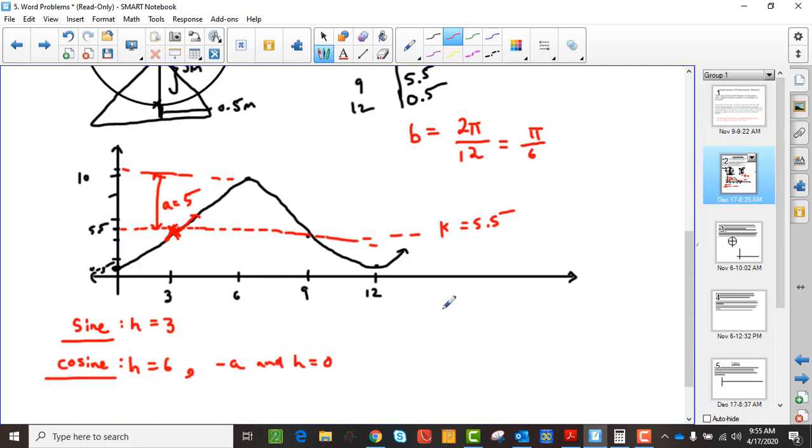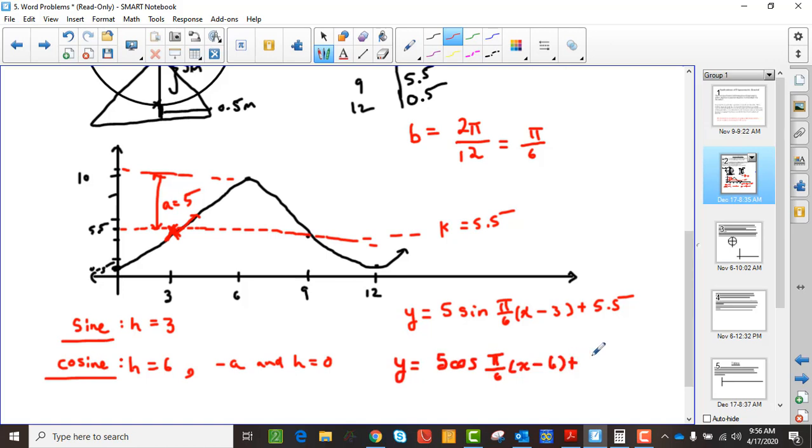All right, so your options for an equation are this: y is equal to a, which we said was 5, and then if we use sine, it's going to be sine of pi over 6 times x minus 3, plus 5.5. That's your option for sine. For cosine, you have exactly the same thing; the only difference is the h value.